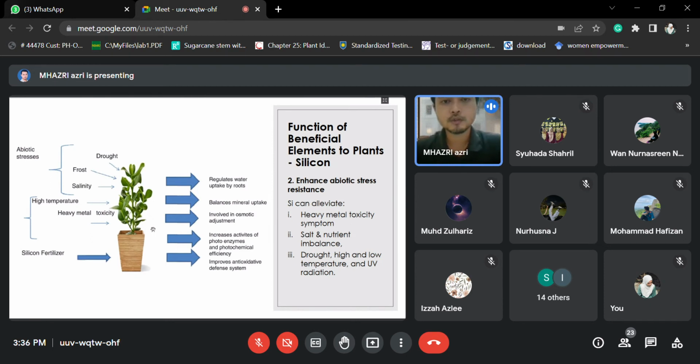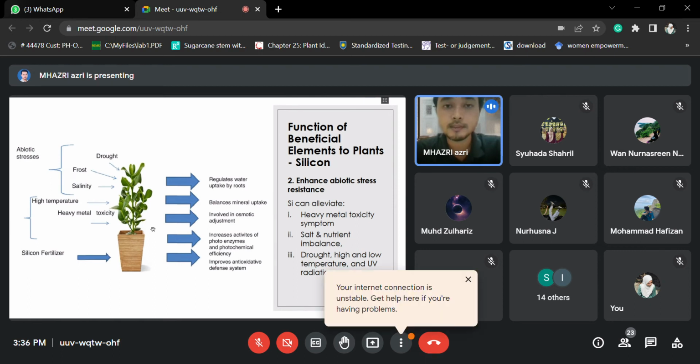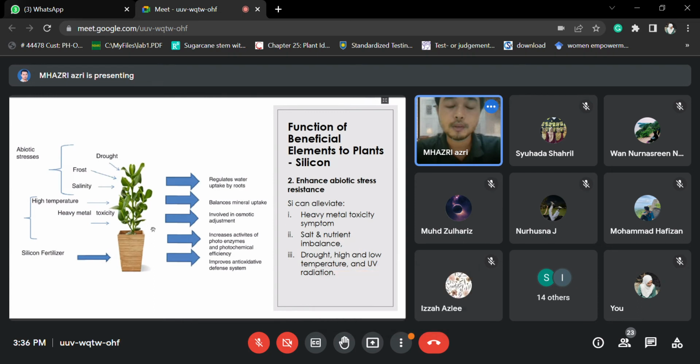Kebanyakan acid sulfate soil dekat Malaysia ni ditanam dengan padi. Okay, sebab apa? Bila acid sulfate soil ditanam dengan padi, dia akan menghalang oxidations of aluminiums and iron.